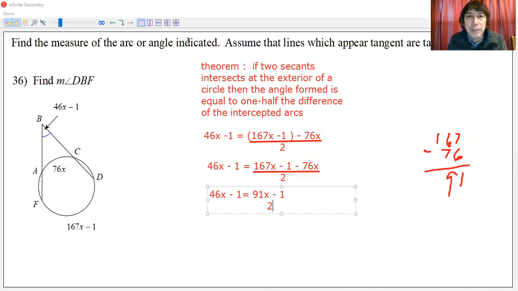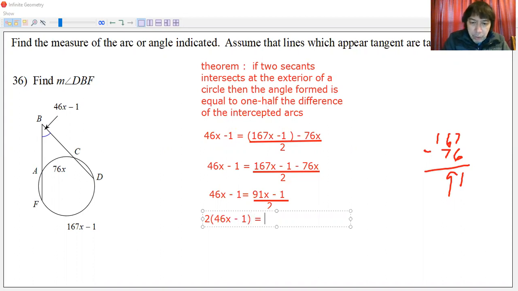All right, so this is division, and so we will multiply by 2 both sides of the equation. So times 2, this will be 2 times 46x minus 1, and this will be equal to 91x minus 1.